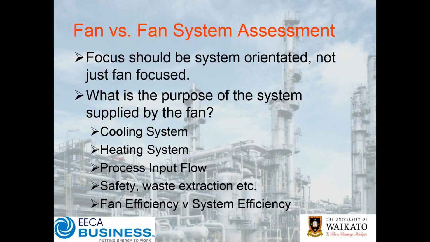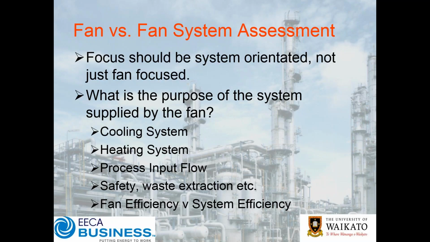A really good example is a dryer of some description where you're drying a product. The way that you utilize the fan in terms of flow rate and pressure is just one of many variables.